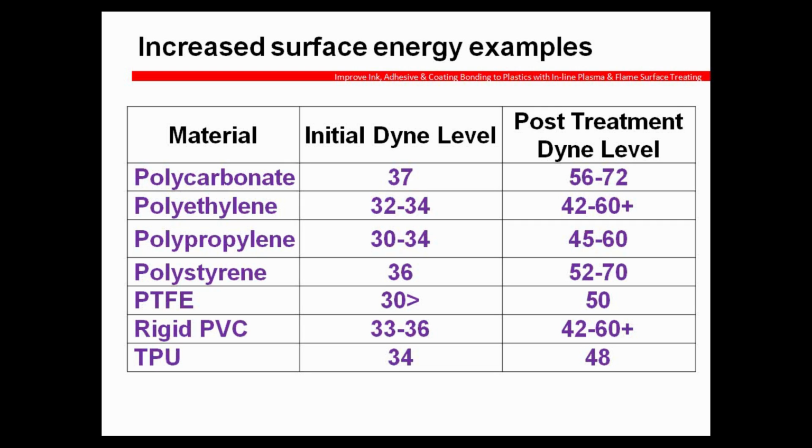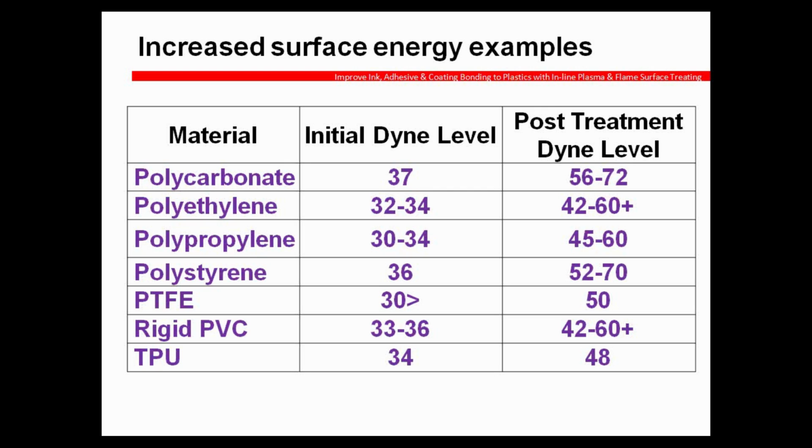One thing here, just to help drive this home: the reason you see a range is that not all materials are going to be the same. Let's just take polycarbonate, for example. Not all polycarbonate materials are going to start at 37. Sometimes different types of additives, maybe the supplier, maybe whether it's recycled or fresh material, will play into the initial dyne level. And that's why we have a range too.